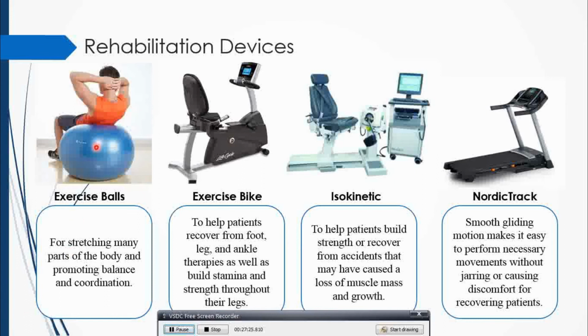Okay, first example. Second, the exercise bike. This is for patients to recover strength in their arms and legs and build stamina, so they can exercise, with plenty of running and so on.